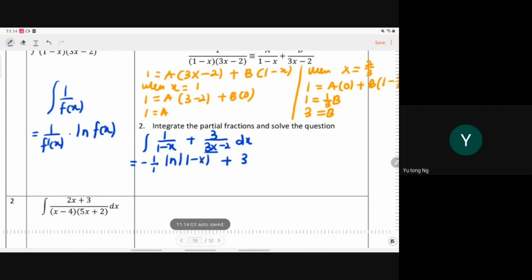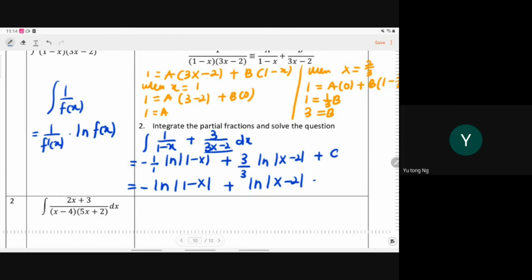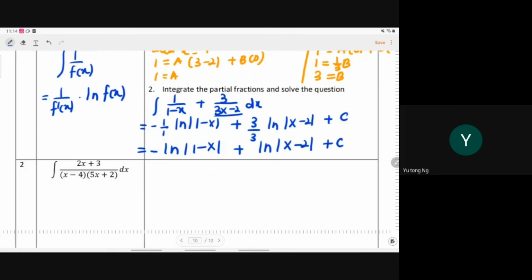So this one kita differentiate dia akan jadi 3 over 3. Okay, and then ln(3x minus 2) plus c. So, negative ln(1 minus x) plus 3 over 3 is 1, ln(3x minus 2) plus c. Okay, macam mana teacher dapat 3 ni tadi? 3 tu datang daripada constant yang atas ni.